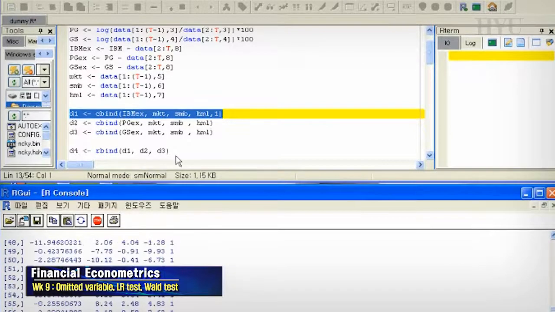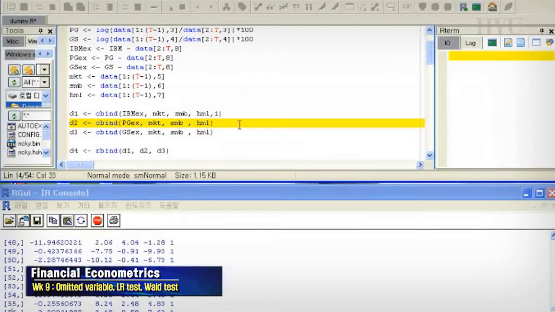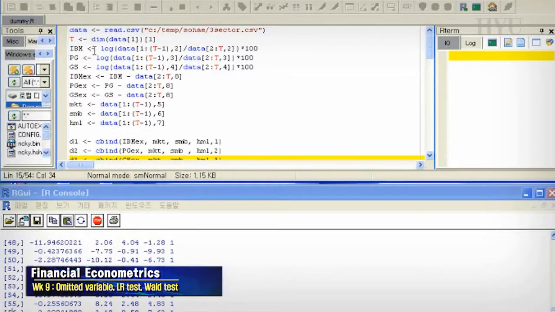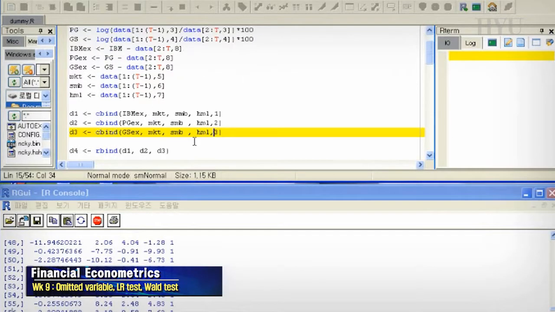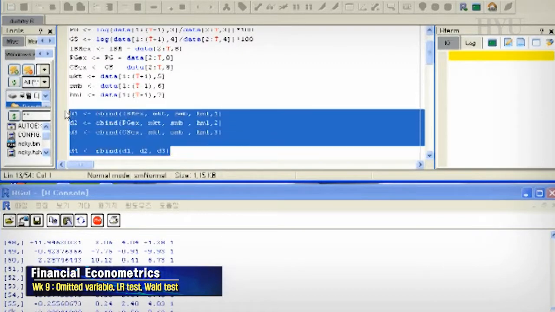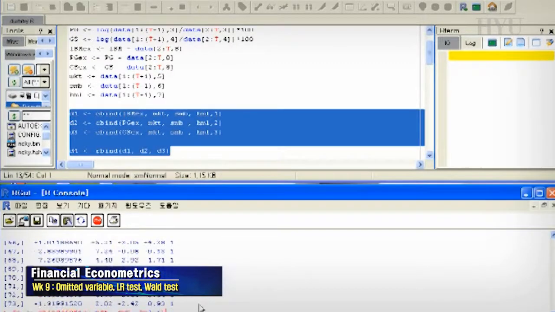Okay, then it adds 1 everywhere. Now add 2, add 3. It is for ID of the, basically 1, 2, 3 are ID of the IBM, P&G, and GS. Okay. If I do it again, D4 looks like this. So 2,195, which is correct.